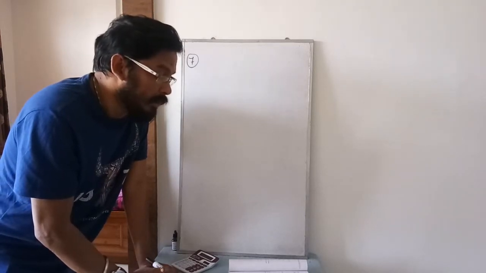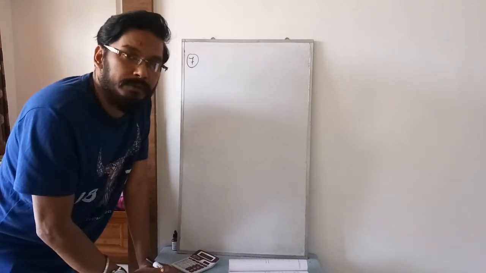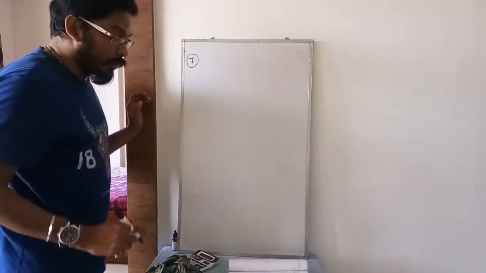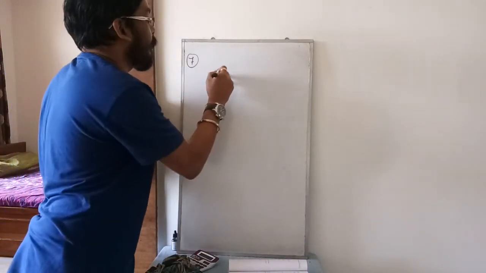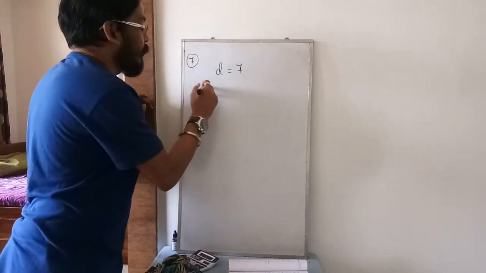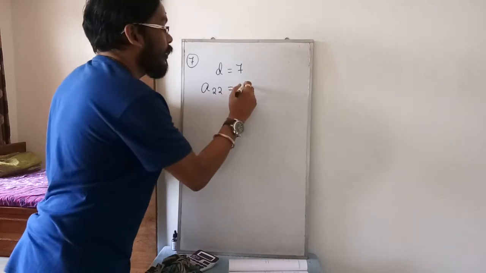But here one thing is there, a is not given. So I have to find the value of a, the first term, first. Here d is given as 7. When you speak of the 22nd term, that means a22 is equal to the given 149.